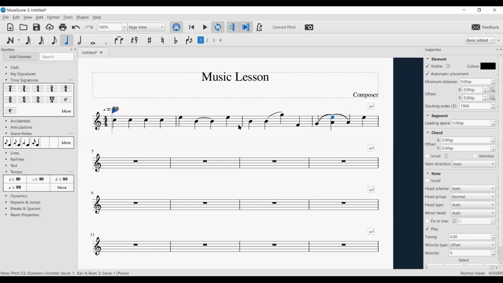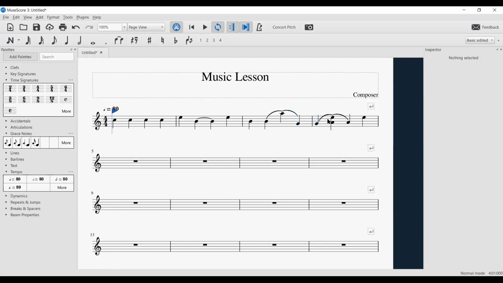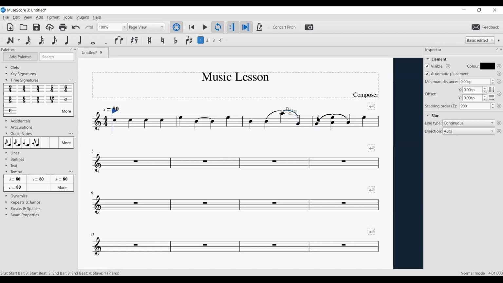Okay, so for this case, delete that, we don't need that. If I want to make a slur, what we're going to do is note and then S. There you go. But I don't know why it is showing that. Anyway, let's do that. Fine. Okay, so we're going to delete this one.